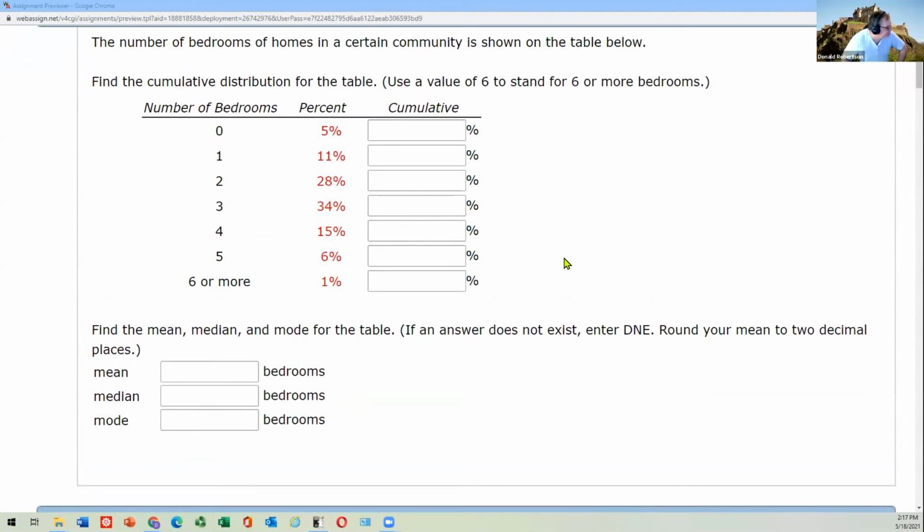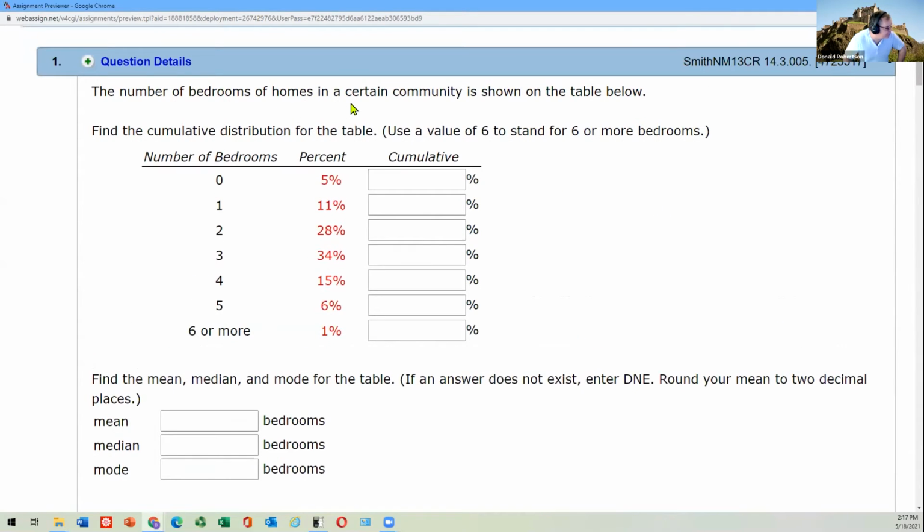Right, now the new one is this table here. Do you see the percentages are given to you? This one here is the number of bedrooms in homes in a certain area, like East Bremerton, whatever. Oh, studio.